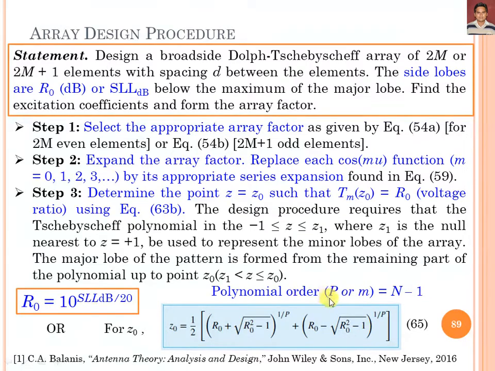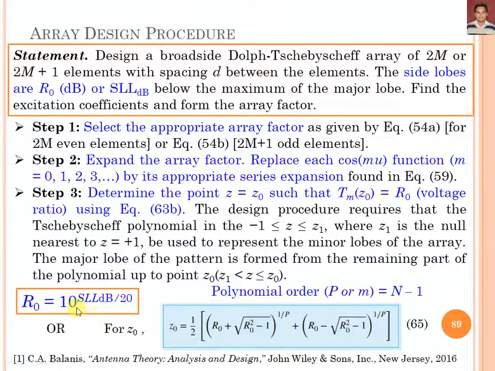In some textbooks it is also represented by capital P, and capital P we can calculate as the polynomial order. And the absolute value of R0, or we can say SLL, we can calculate by using this expression: 10 to the power SLL dB divided by 20.